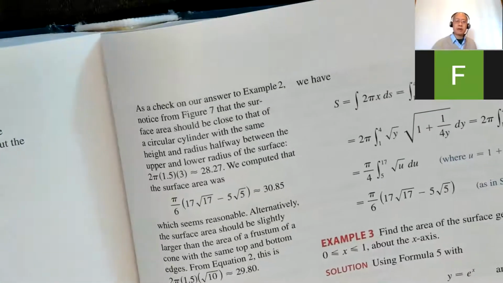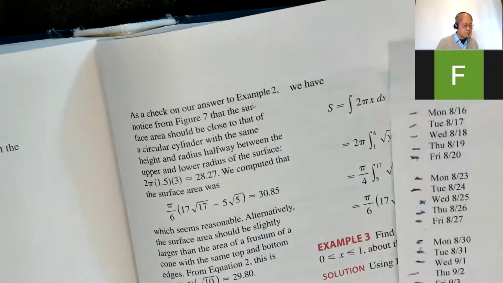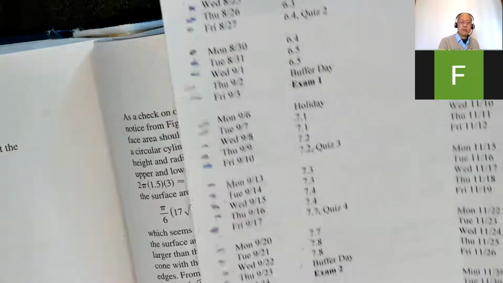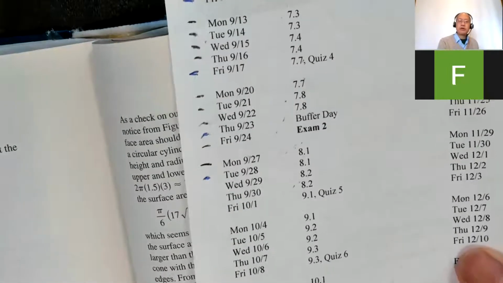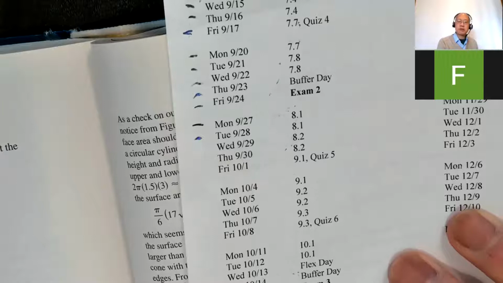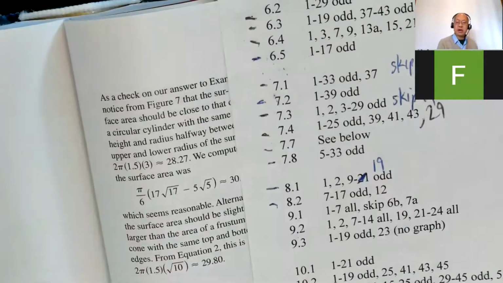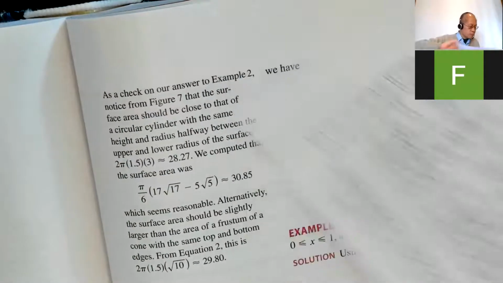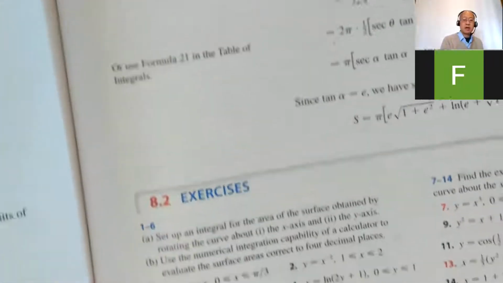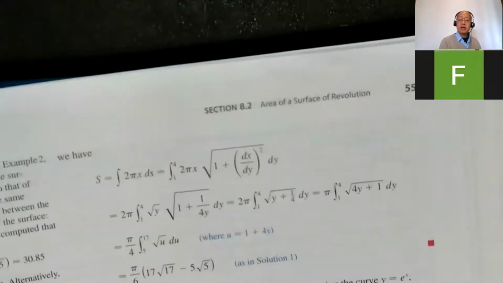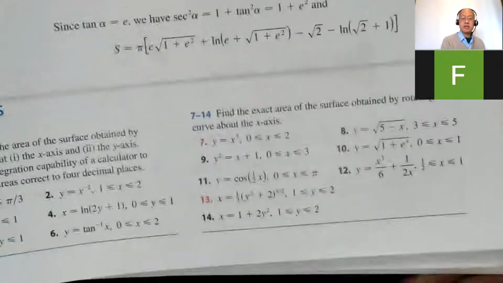I was just going to do one problem maybe, and then stop. So we are now up to 8.2, which I originally wasn't going to start until tomorrow. So we're just getting a little bit ahead, and we'll probably still end early. So let's see, what are the problems? 8.2, 7 to 17 odd, and also number 12. Page 555.